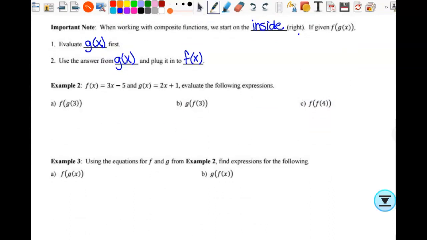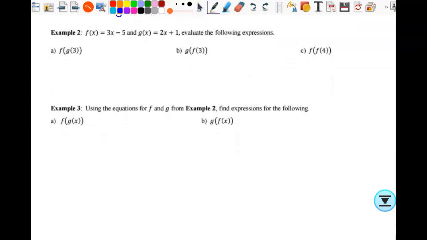Okay, so if we have F of G of 3, the first thing we are going to find is G of 3. G of 3 is going to be 2 times 3 plus 1, just 7. So now that I have G of 3, I find F of 7.